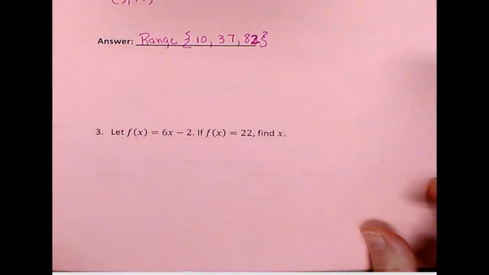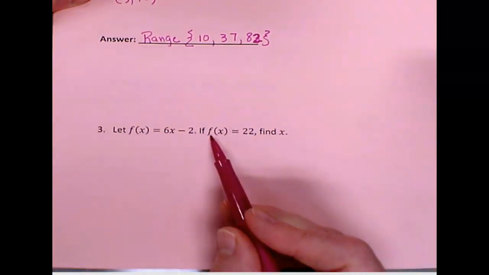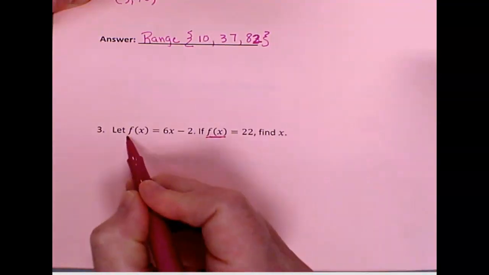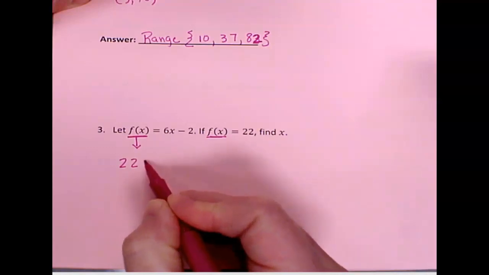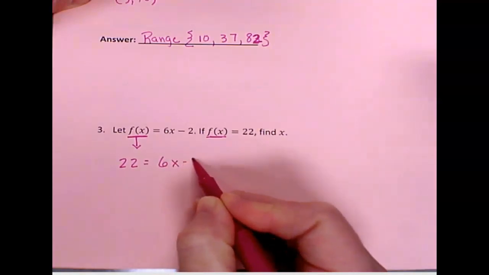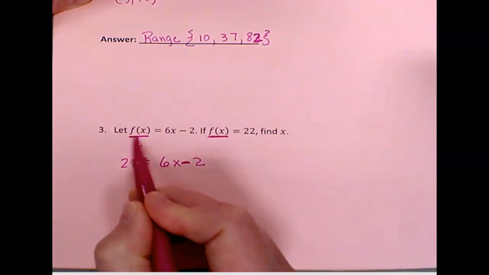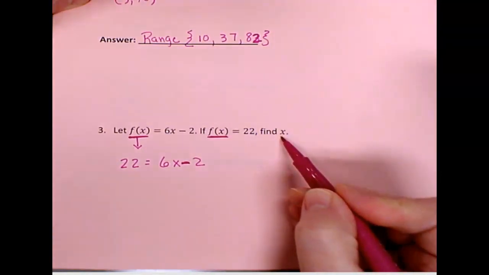This next problem turns it around a little bit. Instead of being told what x is, I'm told what f of x is. f of x says right there is 22. So since I'm told what f of x is, I replace f of x with 22, and now I am solving it for x.